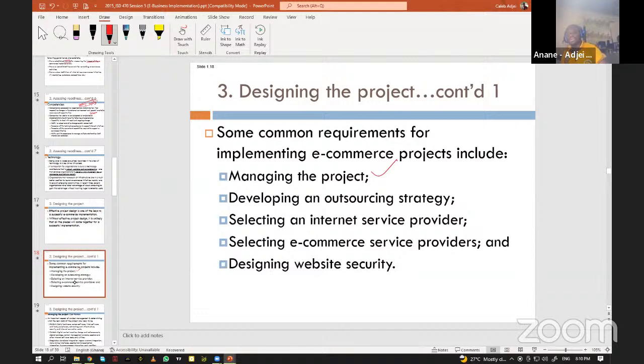We need to find out, do we need to develop some of the things in-house, or do we need to outsource? So very soon, I'll be talking about the outsourcing strategy. What will prompt an organization to either develop items in-house, or outsource them to a third party?